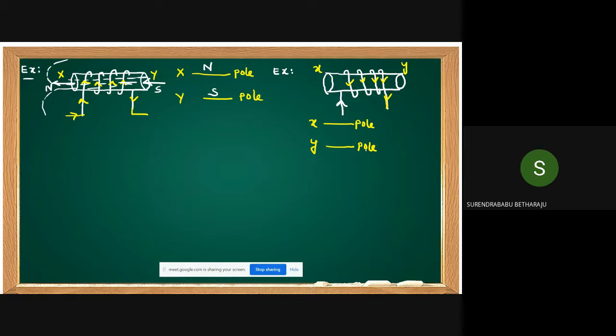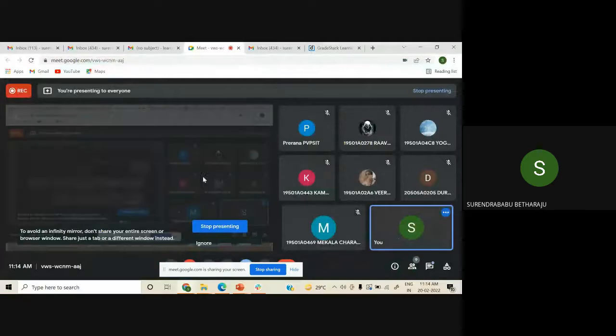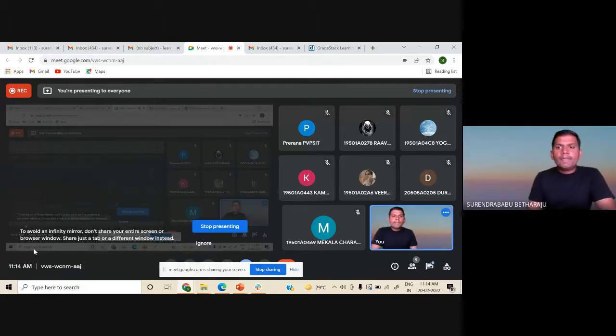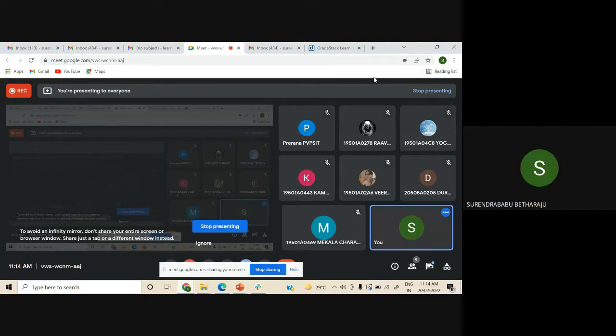See the current direction, students. The thumb indicates the flux direction.